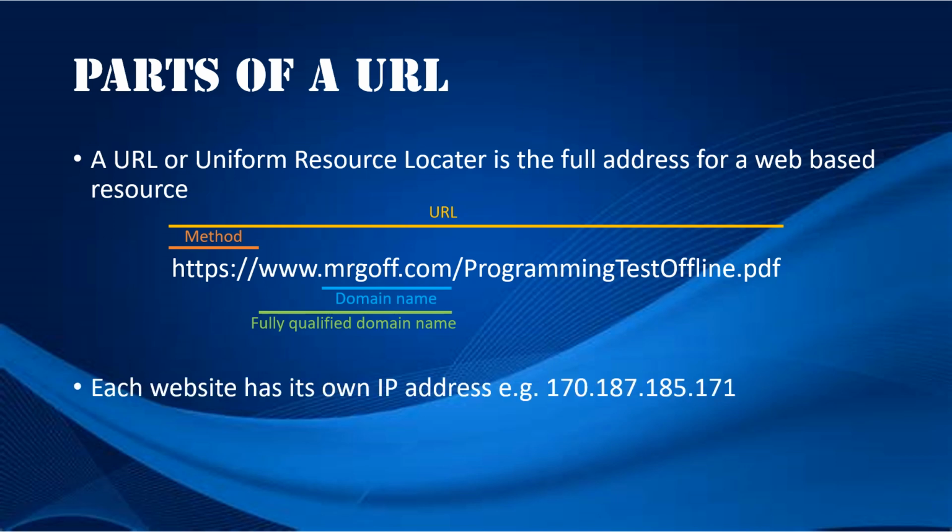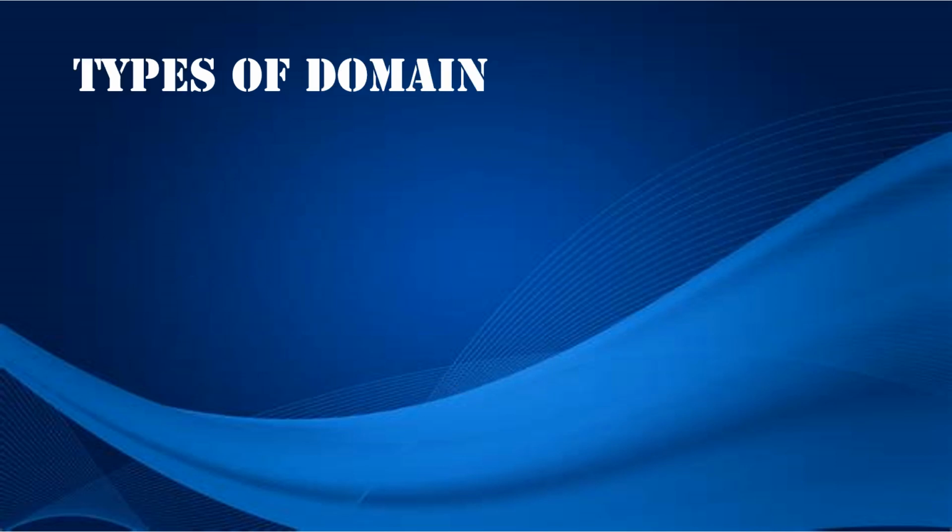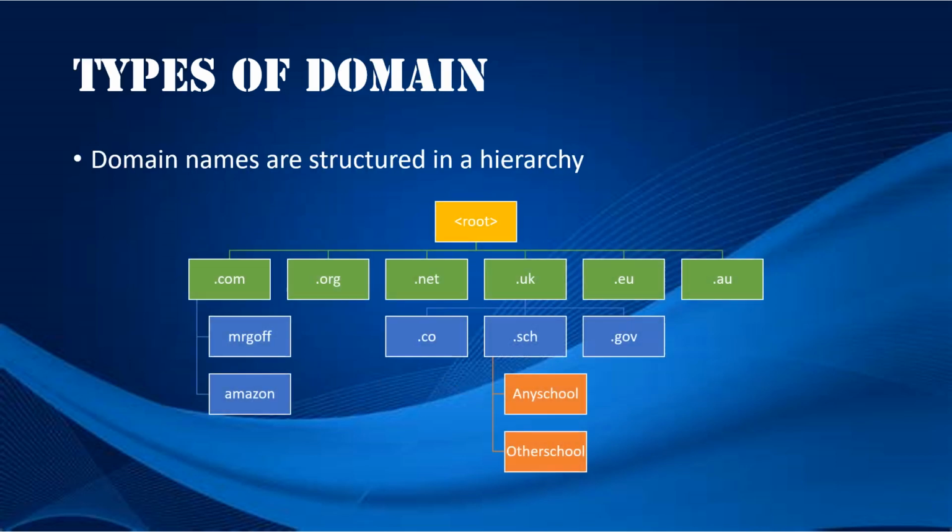Each website has its own IP address, which is actually the location of the server on which the files are stored. Domain names are structured in a hierarchy. Top-level domain names include .com, .org, .net, and country and region-based top-level domain names like .uk and .eu.